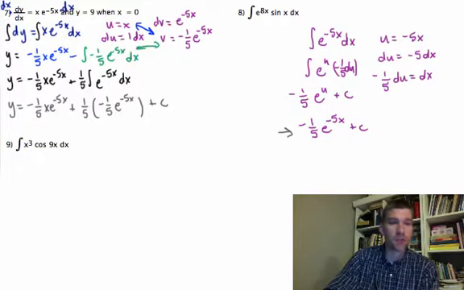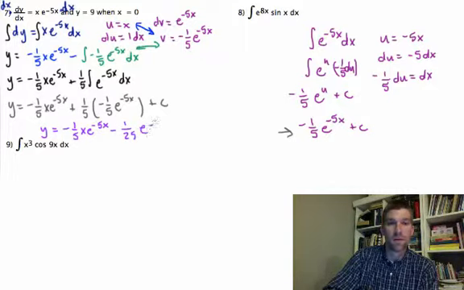And so the actual problem we're working with, when we clean all this up, is y equals negative 1/5 x e to the negative 5x minus 1 over 25 e to the negative 5x plus c.